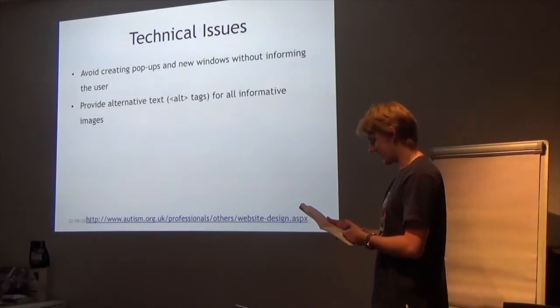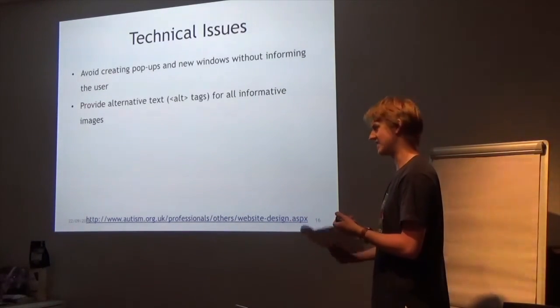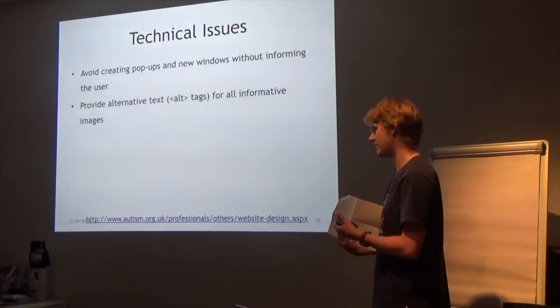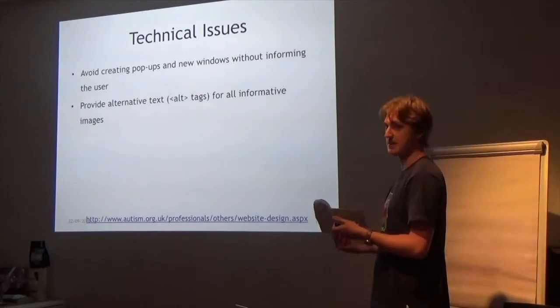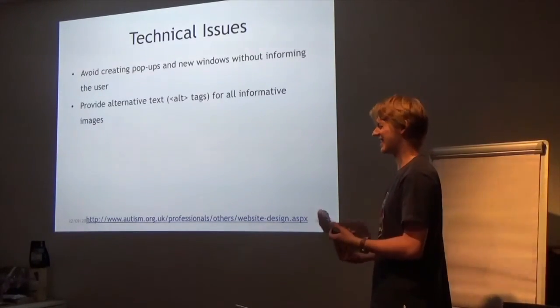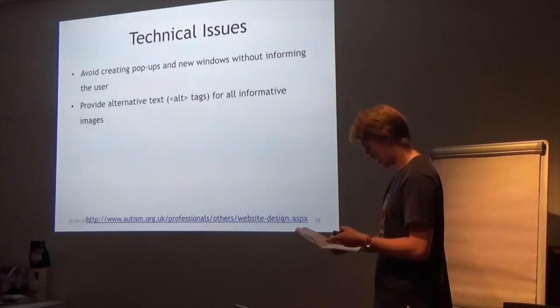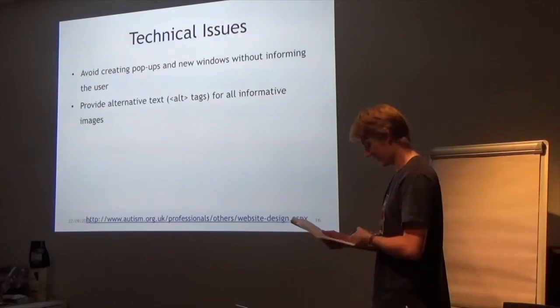What it's supposed to do is help disabled users understand what is going on there, especially in instances where an image fails to load, or if it still needs to be put up there, for example. It just helps to keep the content going, and it helps people know what it is you're talking about.